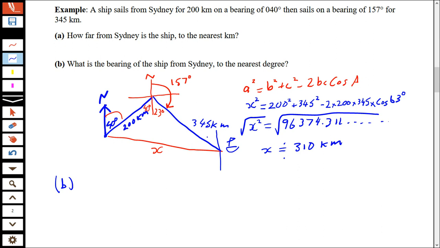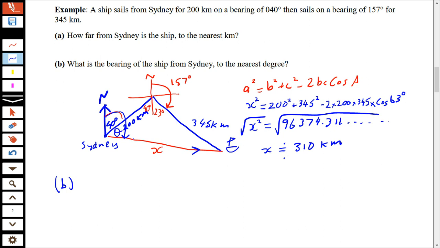So actually I don't need to draw my compass in there. Sydney is here. So we want this direction, which means I want this angle here. If I can work out this angle here, theta, and add it to 40, I've got my answer.